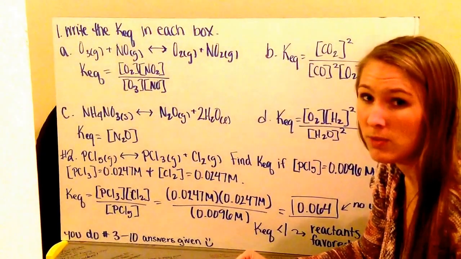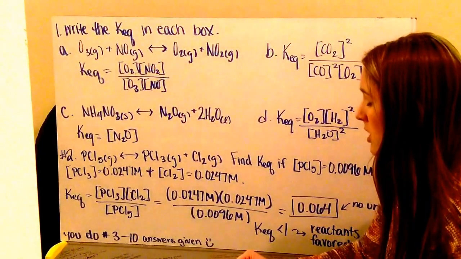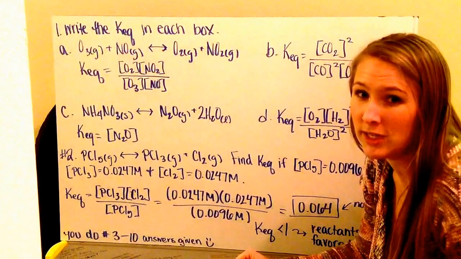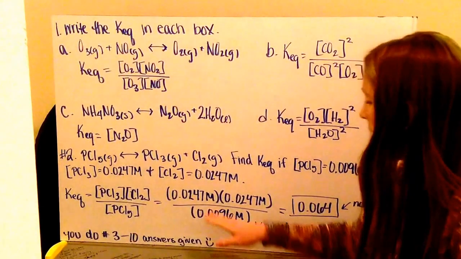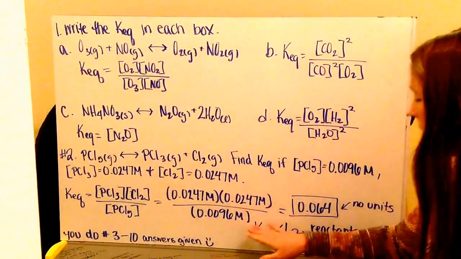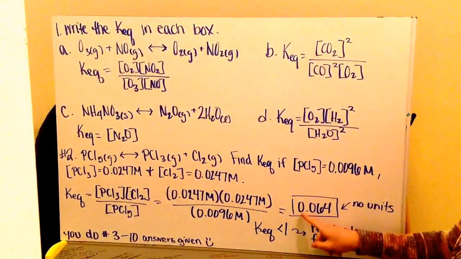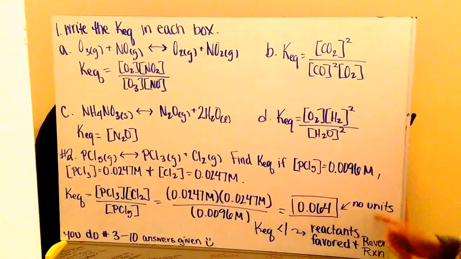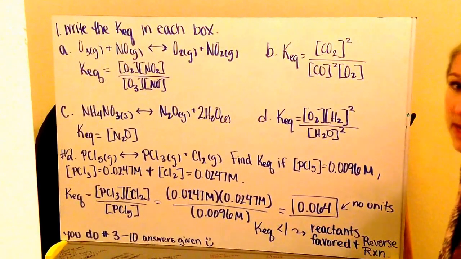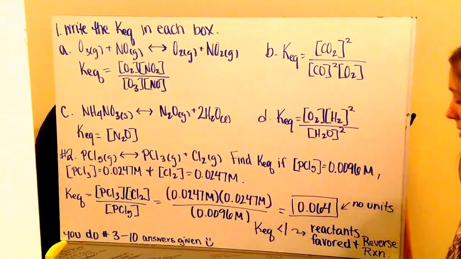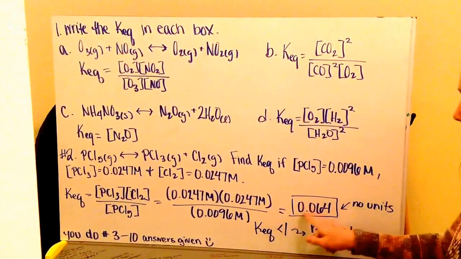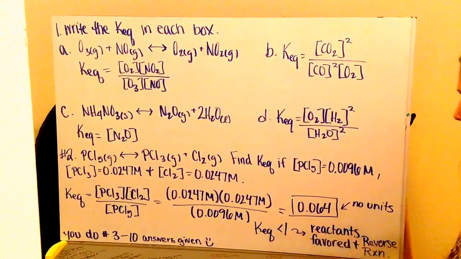At equilibrium, they're going to have equal concentrations. You'll want to note that for later problems. When I plug these into my calculator, I get a KEQ equal to 0.064. Notice that there are no units on my equilibrium constant. Here, my equilibrium constant KEQ is less than 1. Therefore, my reactants are favored, as is the reverse reaction.